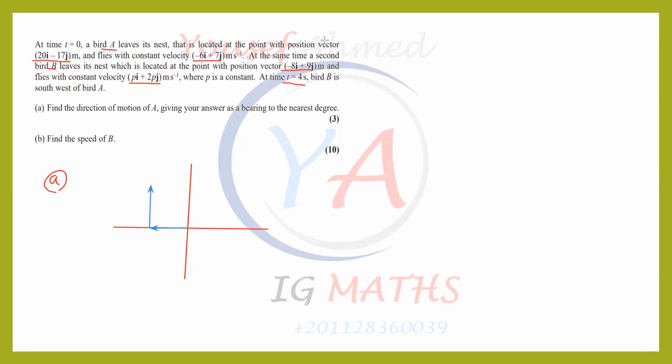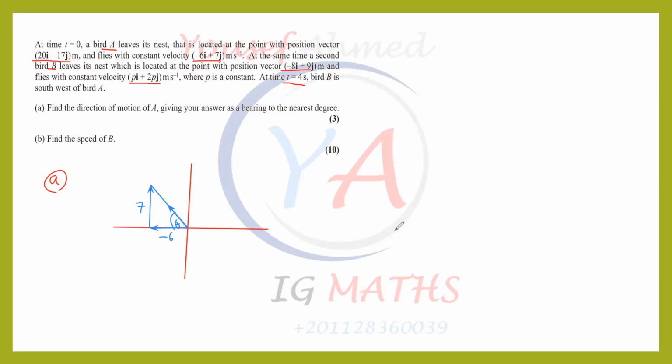Then you close this right-angle triangle. So here is the vector that we are working with. This is the velocity, or the direction of motion, for this bird. So this is negative 6 here, and here is 7. So you need to get theta.